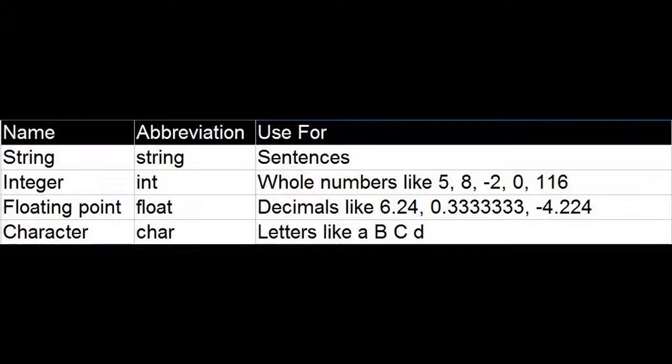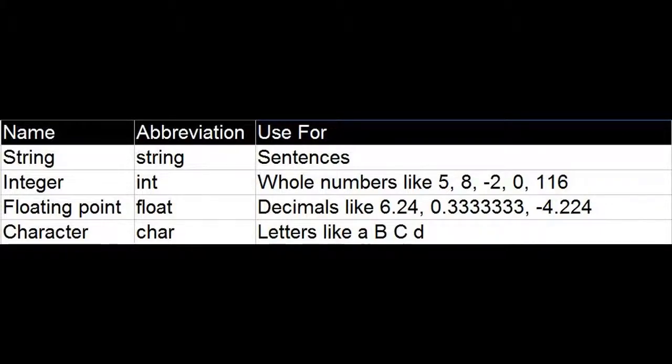There are many data types, but the 4 that we will be using the most in these tutorials are string, integer, floating point, and character. Strings are for sentences like hello world. Integer, abbreviated int in C++, stores whole numbers. Floating point, abbreviated float, stores numbers containing decimal points, and characters, abbreviated char, stores letters.